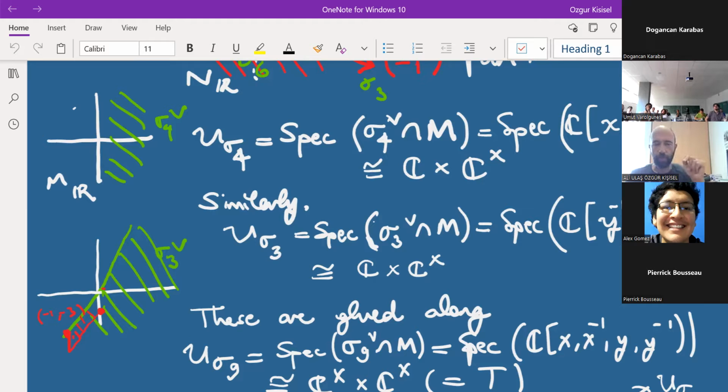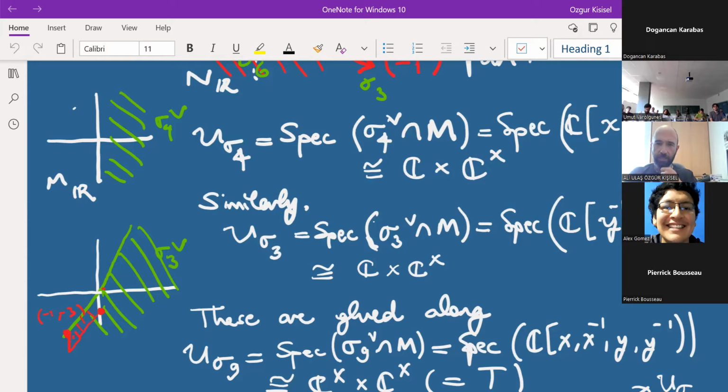But you still have to include x inverse. If you do xy cubed, you also have to include x inverse y to the minus 3, because taking one generator on one side of 0 on that line wouldn't give you the negative automatically. You have to put them separately.